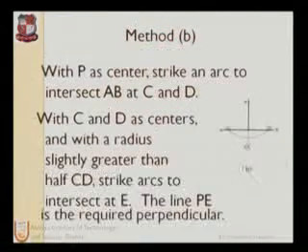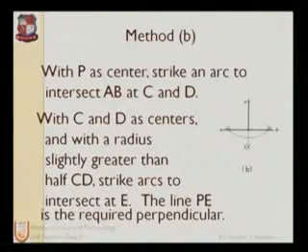In the second method, which is method B, with P as a center, strike an arc. Here P is somewhere in the middle of the line.